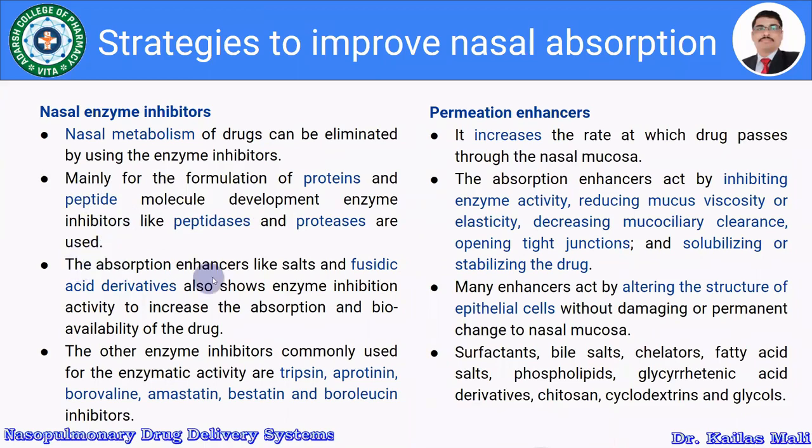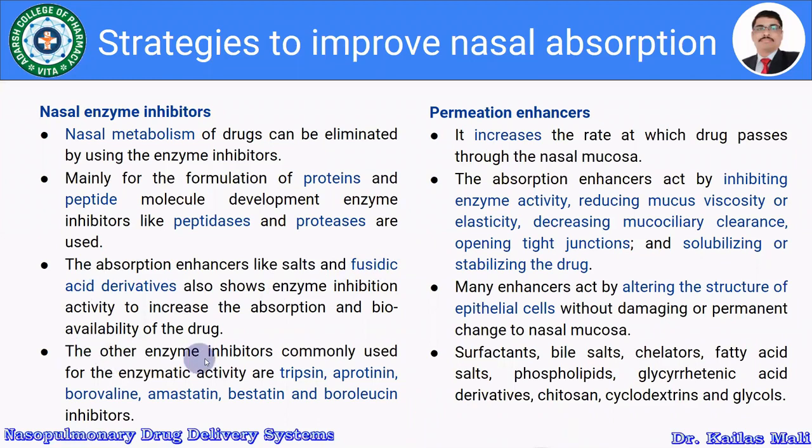The absorption enhancers like salts and fusidic acid derivatives also show enzyme inhibition activity to increase the absorption and bioavailability of the drug. So it is possible to use certain salts and fusidic acid derivatives as absorption enhancers.